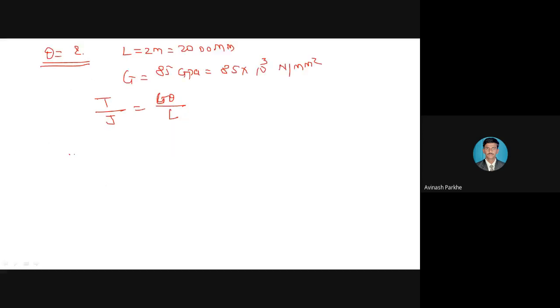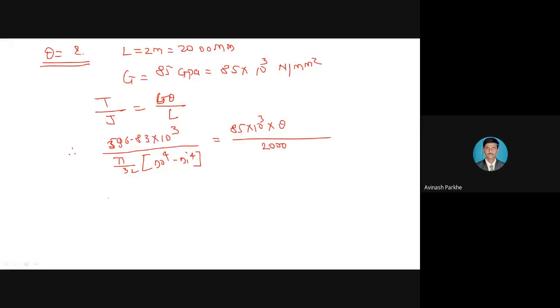So put the values. T is 596.83 into 10 raised to 3, divided by pi by 32 into do raised to 4 minus di raised to 4, is equal to G, 85 into 10 raised to 3, into theta, divided by length, 2000.